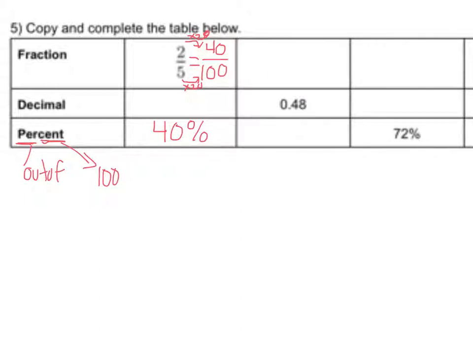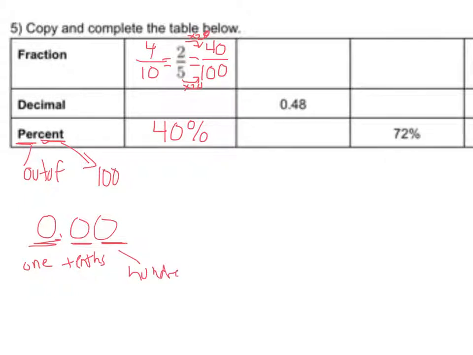We can also write this, if we wanted to, in tenths by going from 5 to 10 by multiplying by 2. Both of these are great ways to get to a decimal because this tells us our place value, either the tenths or the 100ths. So we always want to remind ourselves of any place value. This is our ones place, our tenths place, and our hundredths place.